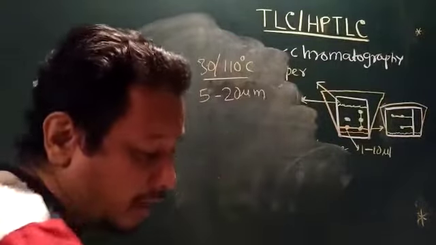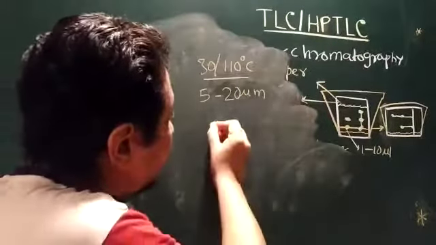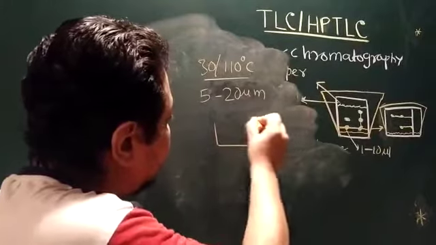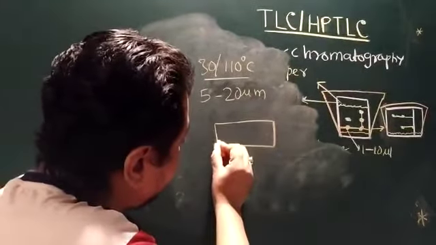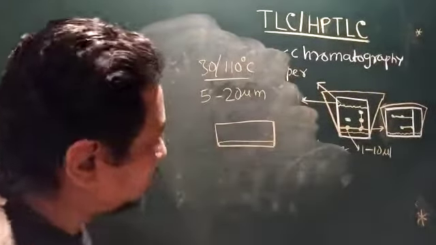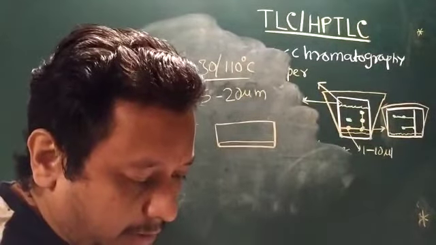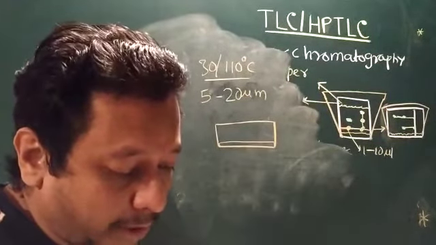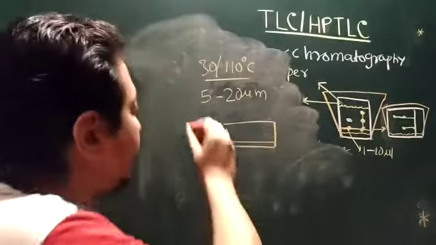okay. Now when we are applying the TLC layer, there should be a thickness also, okay. So thickness, for analytical purpose, is 0.1 to 0.25 mm.